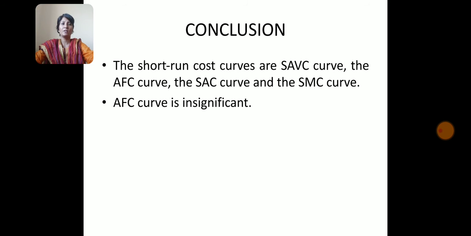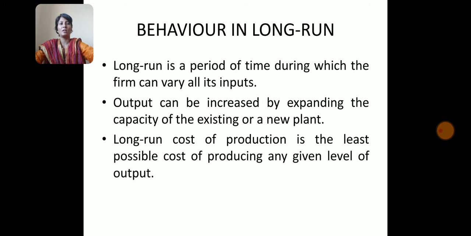Before that, we can conclude that the short run cost curves are the short run average variable cost curve, the average fixed cost curve, the short run average cost curve, and the short run marginal cost curve. But it is important to remember here that short run average fixed cost curve is insignificant. Now let us move to the behavior in long run.